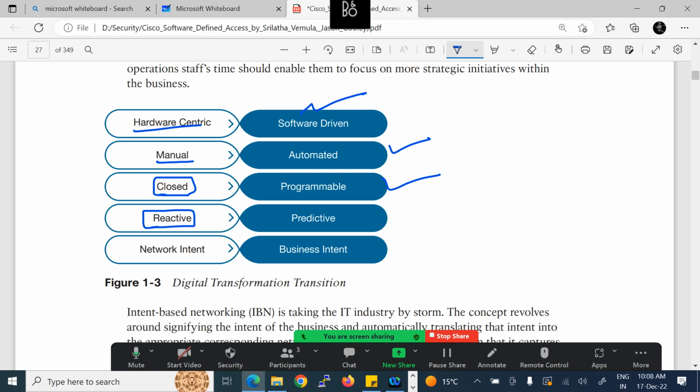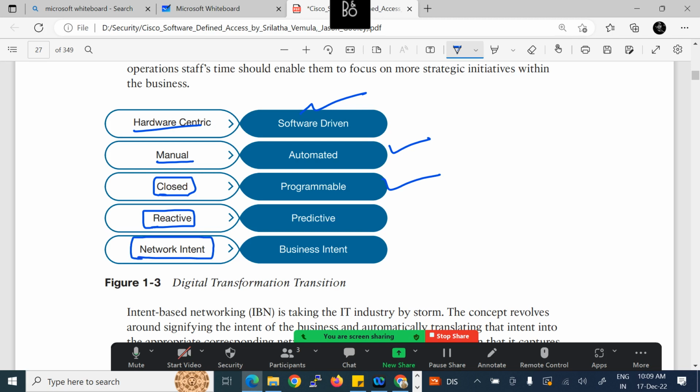So the approach would be predictive: if the devices are behaving like this, this is the health ratio, this is the packet drop rate, latency rate. As per that database, you can take the appropriate decisions. When we start discussing the DNA Center, you will see what this predictive means.